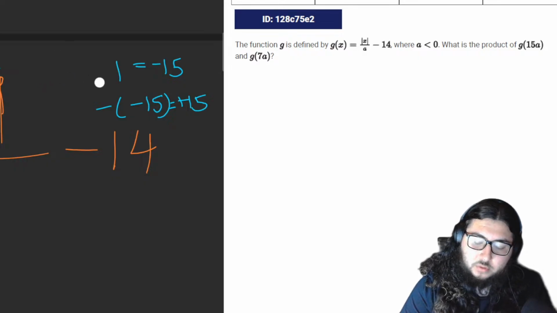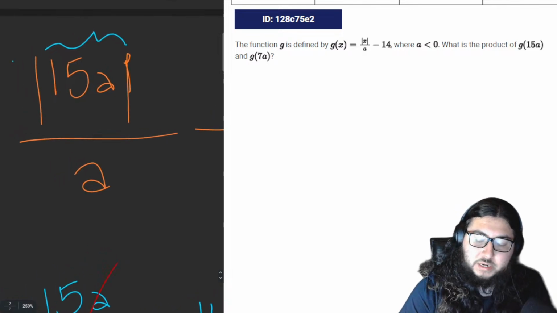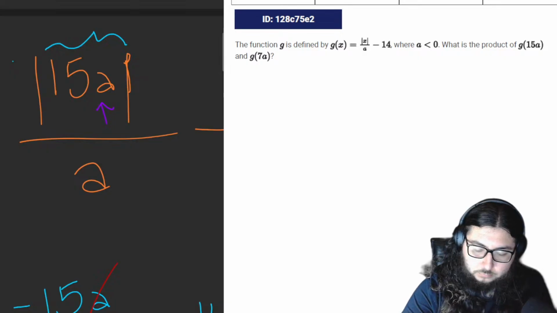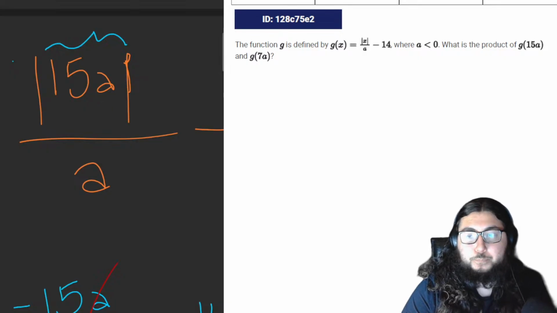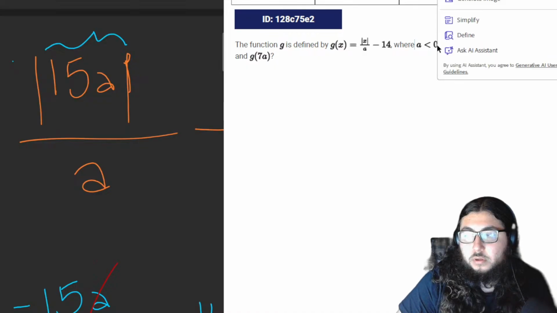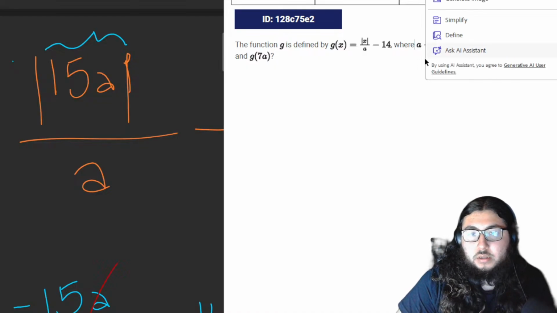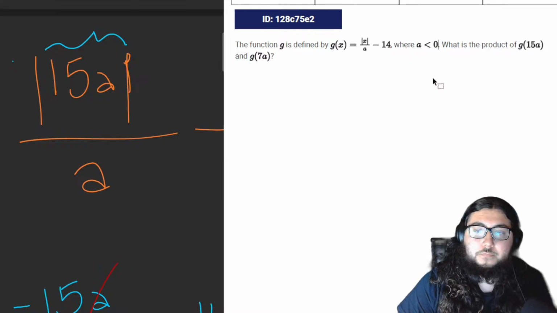So in order to make the whole result of 15a positive, we have to negate the negative value that is a. So we have to say that it's negative 15a. So that's where that key fact where it says a is less than 0 comes in.